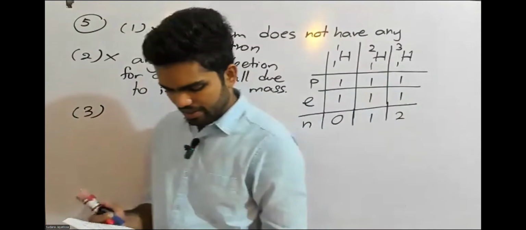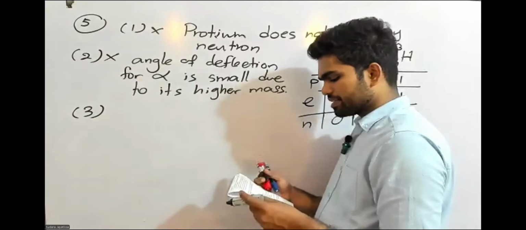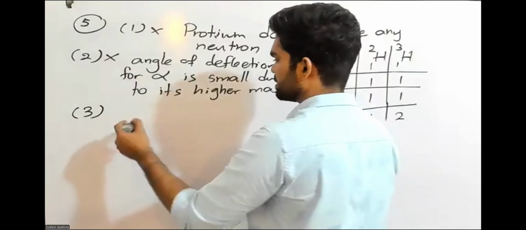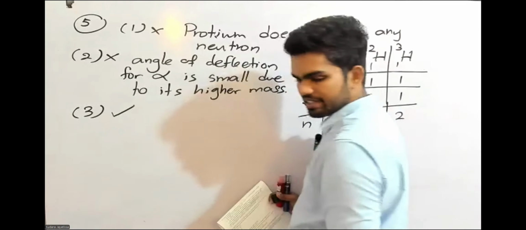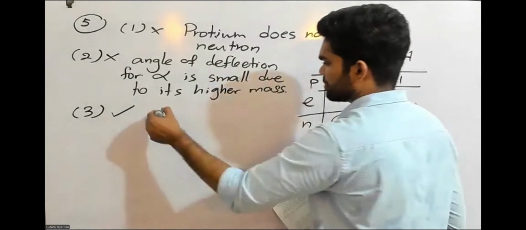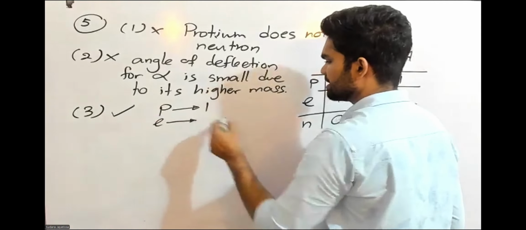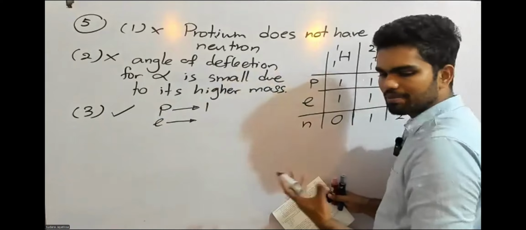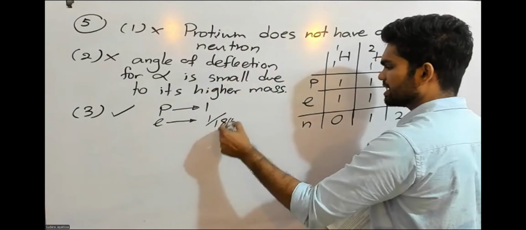Then let's see the third one. Compared to the mass of a proton, the mass of an electron is approximately 1/1840. That one is anyway correct, because if you take the mass of a proton as 1, then the electron is a very, very light particle. So it will be 1/1840.